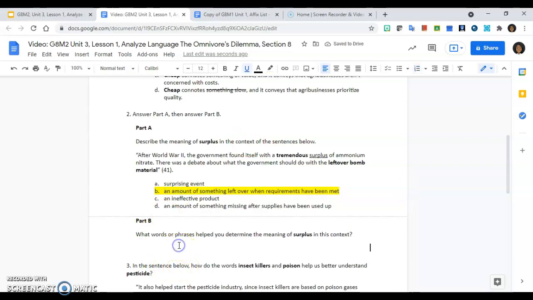And the words or phrases that helped us to figure that out were tremendous, and leftover bomb material.